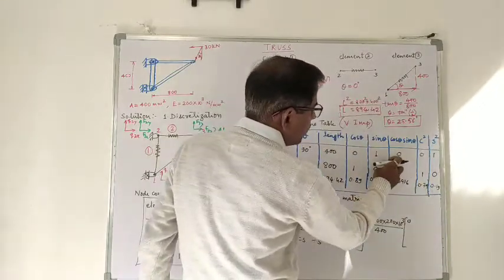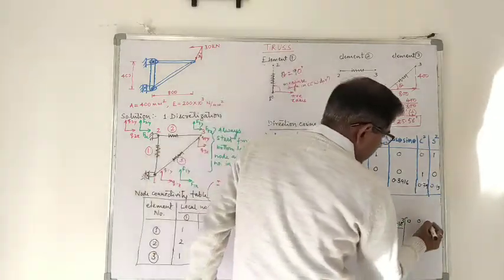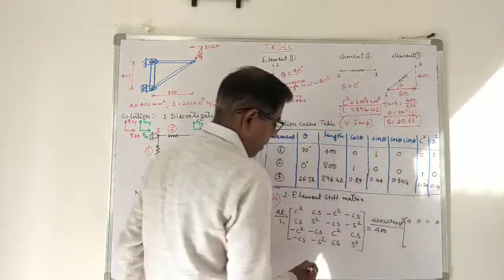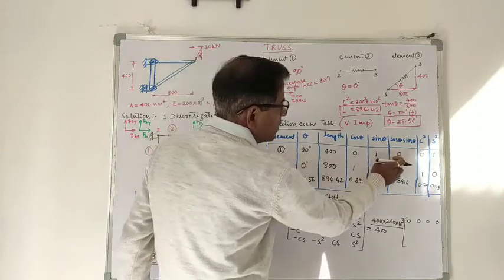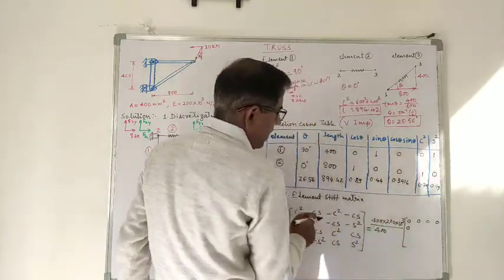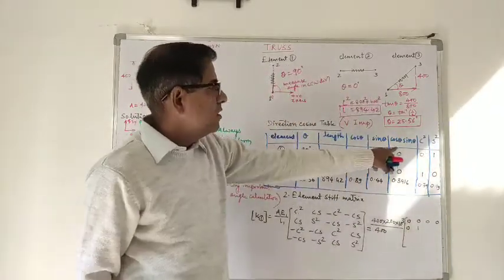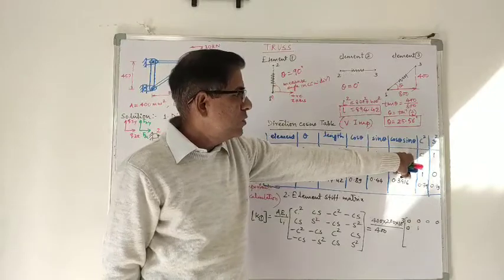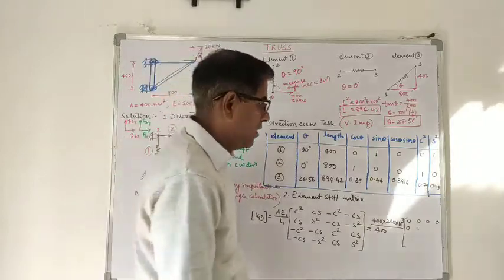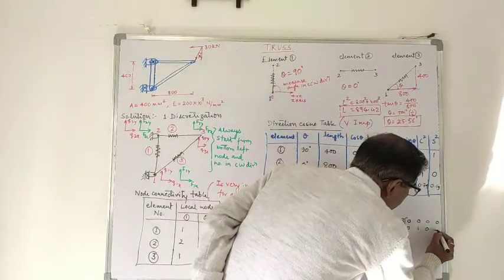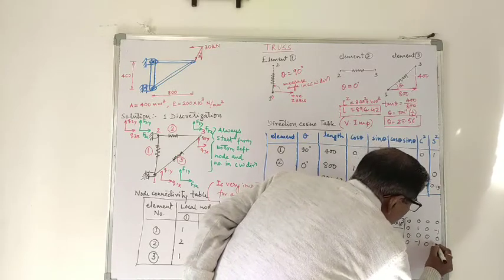The cs value for the first is 0. So minus c square means 0, 0. Now cs, s square: the cs value is 0 and the s square value is 1. So take the c square, s square, cs values from the first row for element number 1 and complete here: 0, minus 1, 0, 0, 0, 0, 0, minus 1, 0, 1.